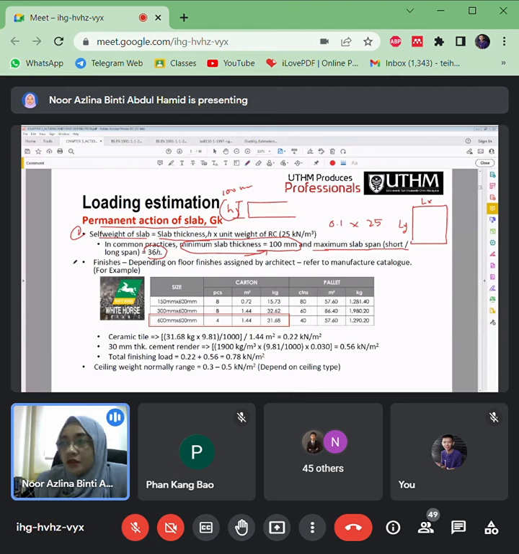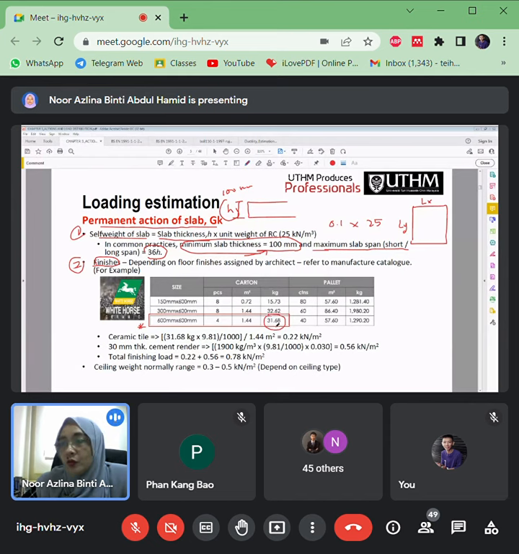Okay, then we also consider the finishes of the slab. Is it made of ceramic or just a cement render, or any other flooring system? So this is an example. If using ceramics, these tables come from the manufacturer. We have to consider its weight, right?